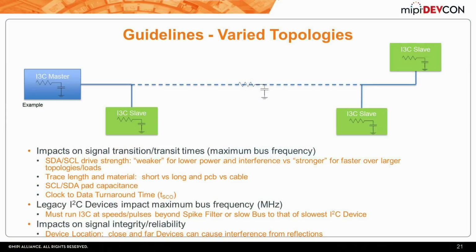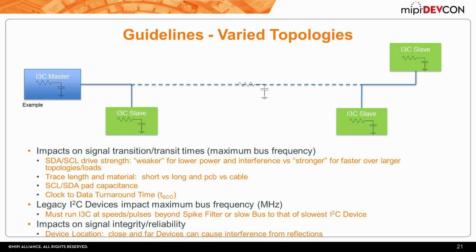Last, it's hard to see, okay. So the last key set of guidelines here are varied topologies. I purposely don't have any units on here because I'm amazed at the various topologies that we can be asked to support. But what are some of the impacts on the bus based on the topology?